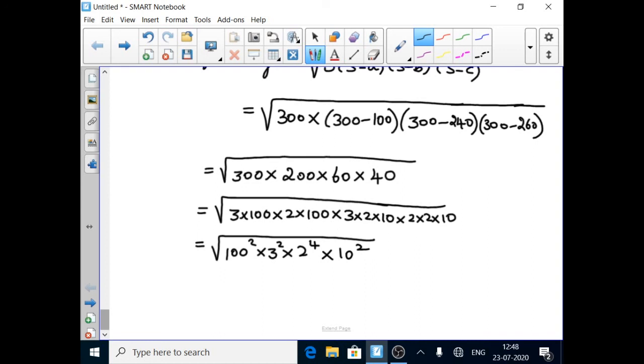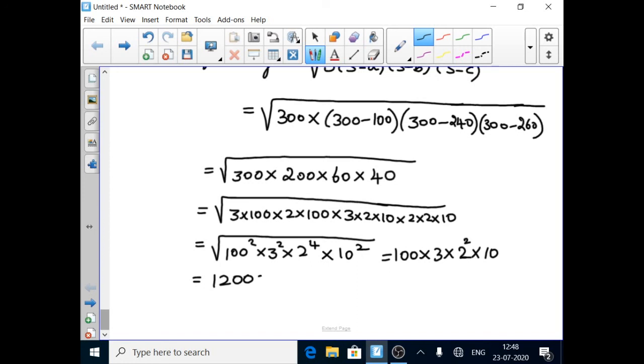So what do you get? This is equal to, in a square root we can take one term outside for each two terms. So what do you get? 100 into 3 into 2 square, 2 square into 10 square means you can take 10. So 3 into 2 square means you will get 4. Okay, 3 into 4, 12. Here 100 into 10 means you will get 1000.